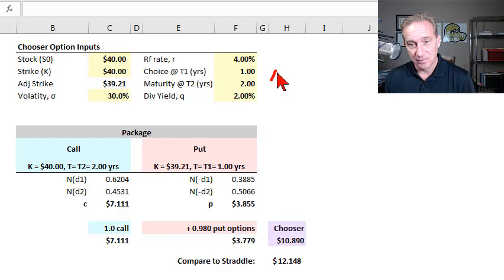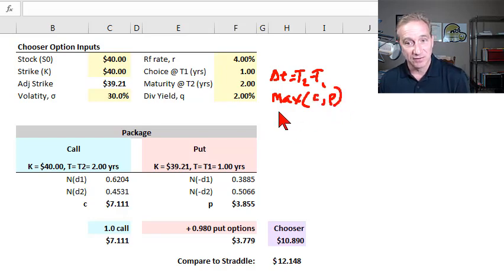The idea here is that I'm going to specify delta T as T2 minus T1. So in my case, that's 1 year, 2 years minus 1 year. From the perspective of T1, you can see that this chooser really is a max function.